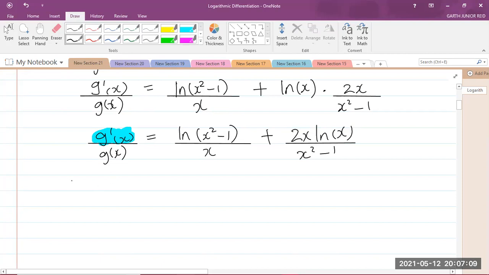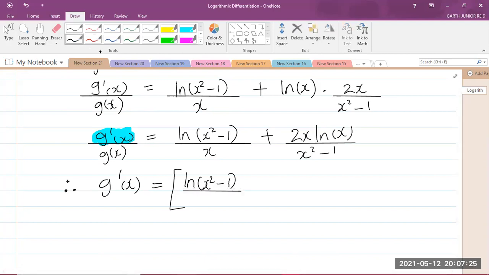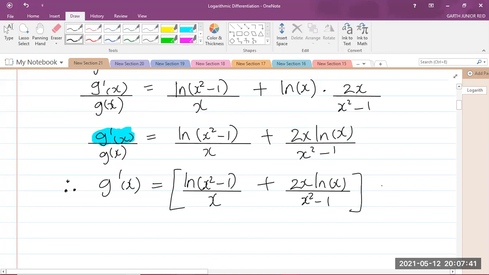So g prime of x is going to be equal to the ln of x squared minus 1, divided by x, plus 2x ln of x, divided by x squared minus 1, and you're multiplying all of this by g of x.